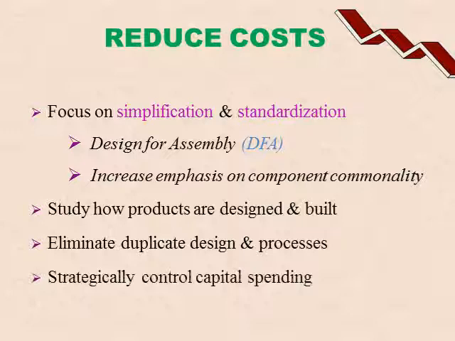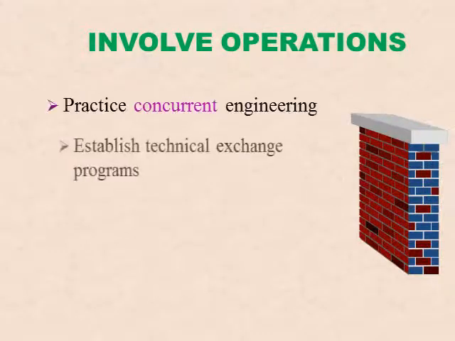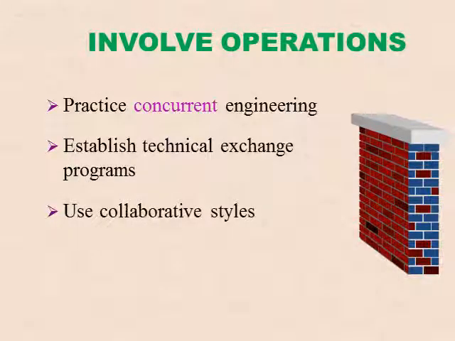Then control the capital spending, means strategically control the capital spendings. In implementing operations, there is a practice of concurrent engineering. Then establish a technical exchange program. Use collaborative styles.